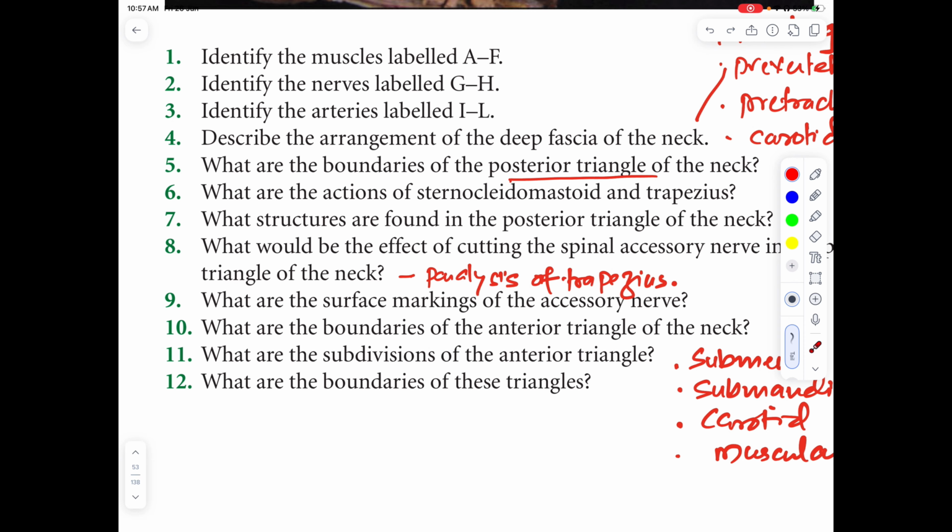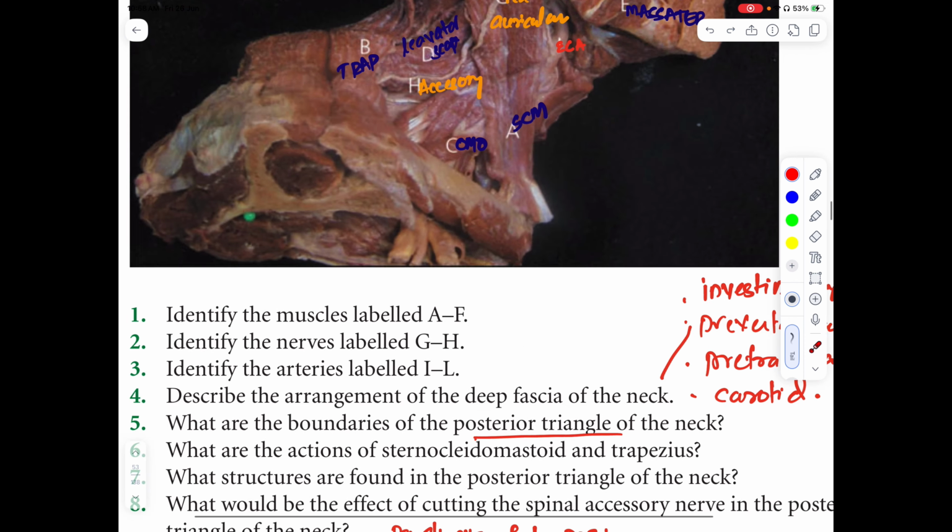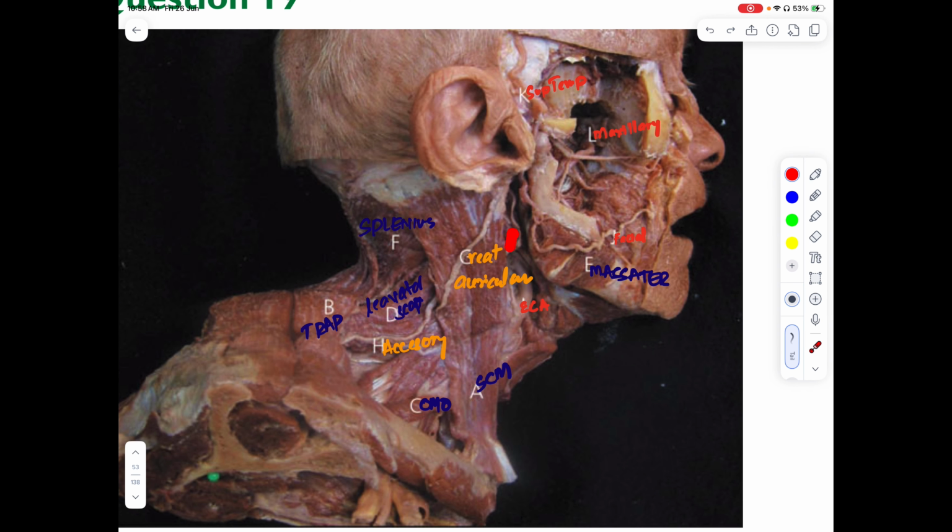Boundaries of anterior triangle of neck. So you see, this is the anterior triangle of the neck. Superiorly it is bounded by the lower part of mandible. This is the lower part of mandible. Posteriorly by the sternocleidomastoid, and midline of the neck.